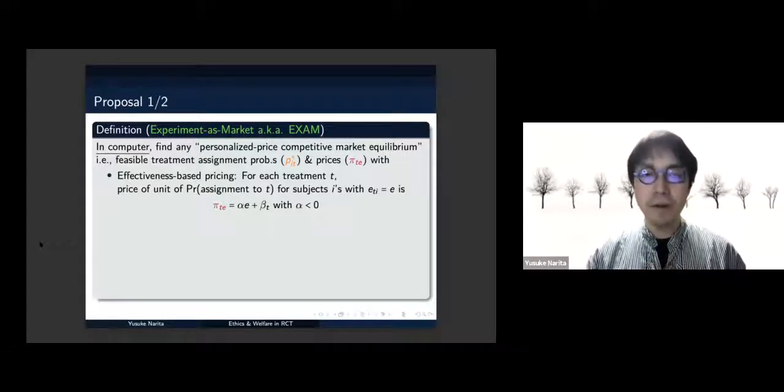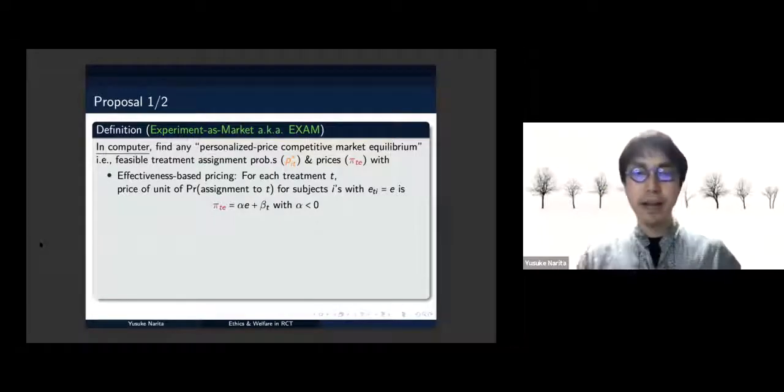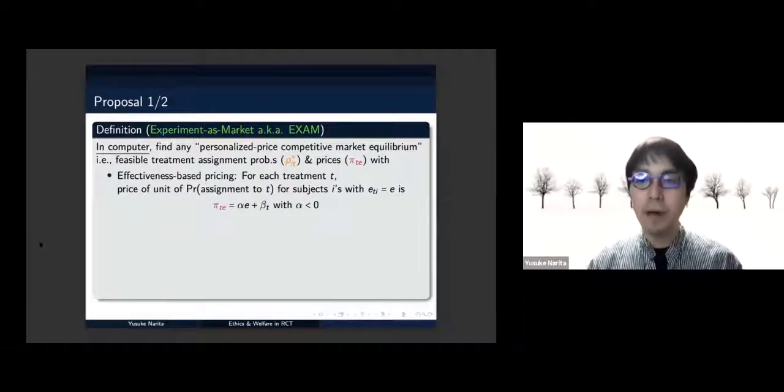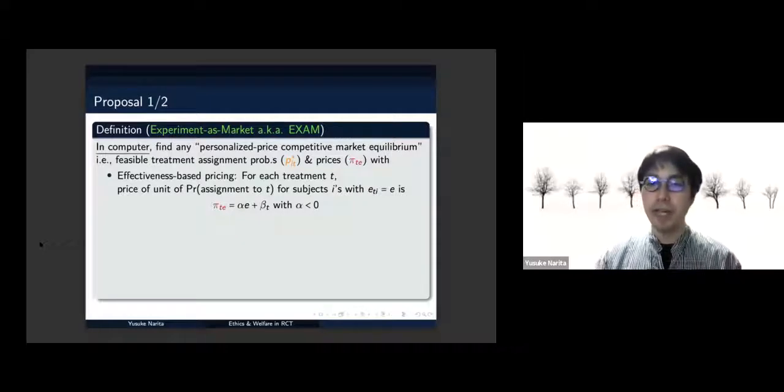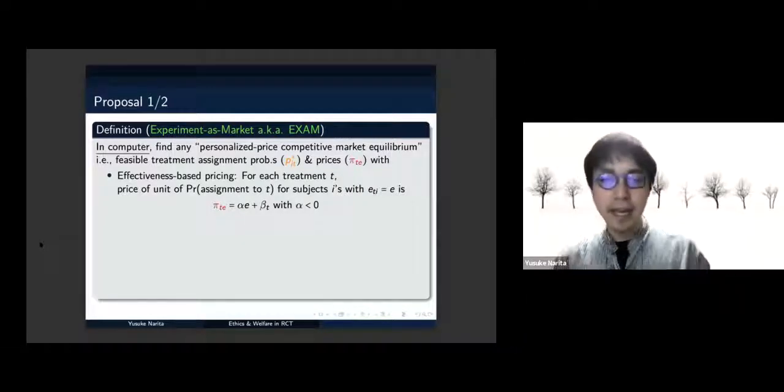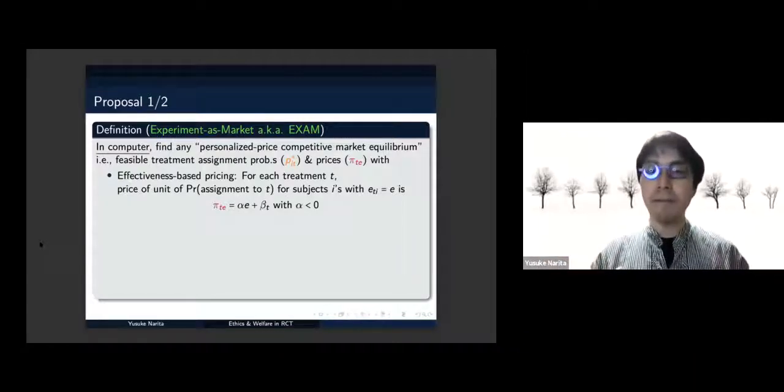So first of all, this pi_TE object, this red object, is the price of 1 unit of assignment probability at treatment T for experimental subjects for whom the predicted effect of this treatment T is given by E. Here, E is just some number or some potential level of treatment.